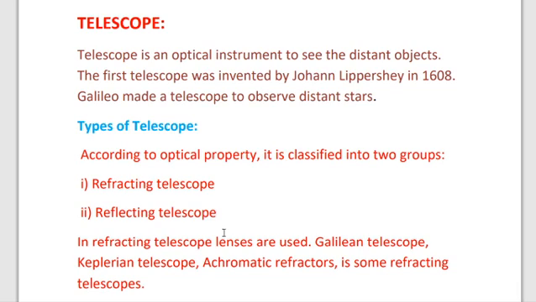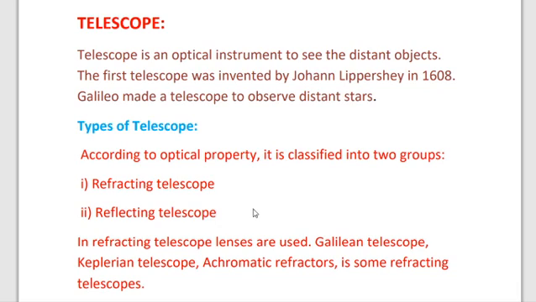Galileo observed the satellites of Jupiter and the rings of Saturn through his telescopes. Kepler invented a telescope in 1611, which was fundamentally similar to the astronomical telescopes.